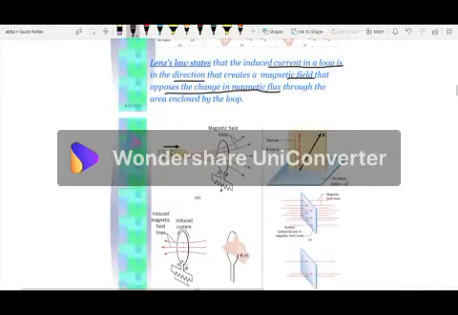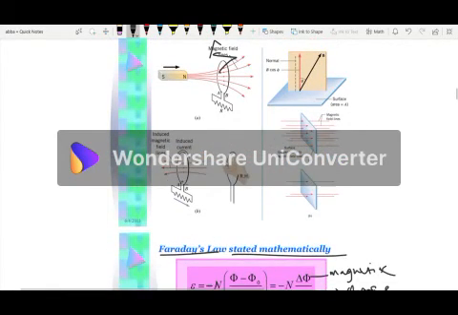If this is your magnetic field and you have your loop here, you have your magnetic field lines here. We pretend that this is your slip ring. This is how we can determine the direction.